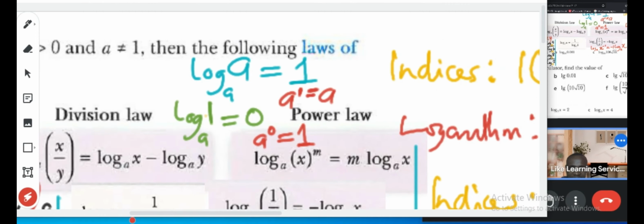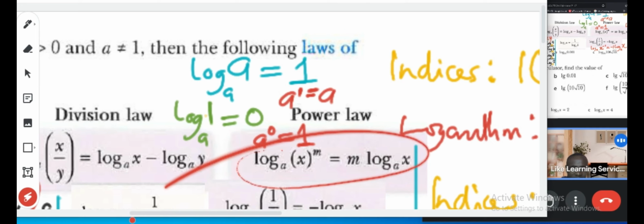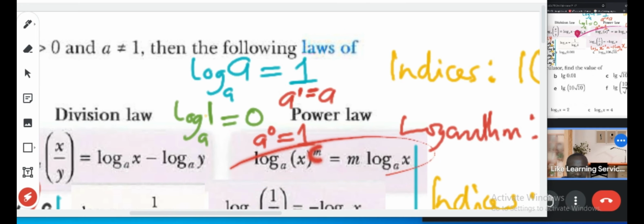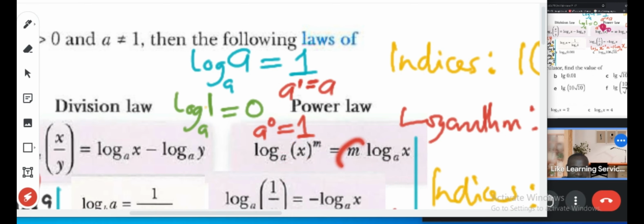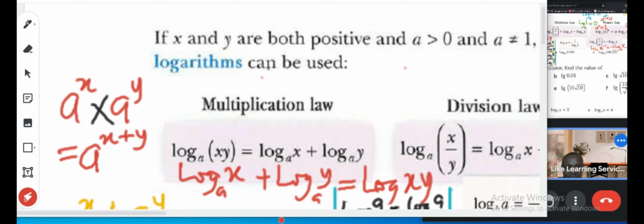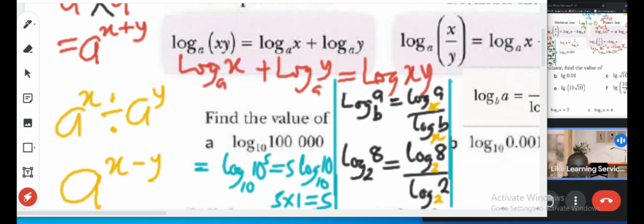Power law is, if you have log of anything raised to power anything, take the power down. For instance, log of x raised to power m in base a becomes m brought down, then log of x in base a. That's what I applied here. So log of 10 raised to power 5 in base 10, I brought 5 down. It becomes 5 log of 10 in base 10. And log of a number in the same base is 1. So it becomes 5 times 1, which is 5.